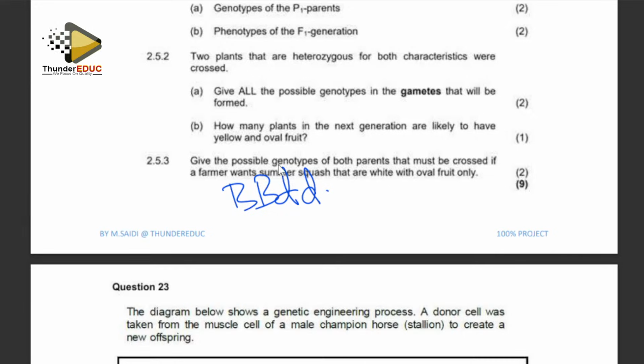All right, so they want the possible genotypes of the parents that must be crossed if the farmer wants the squash that are white with oval only.